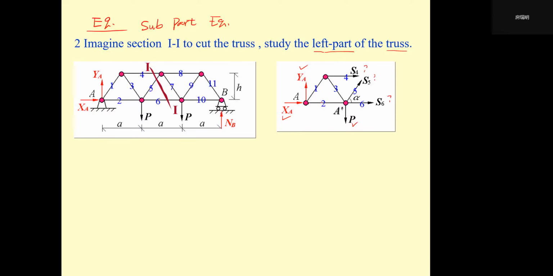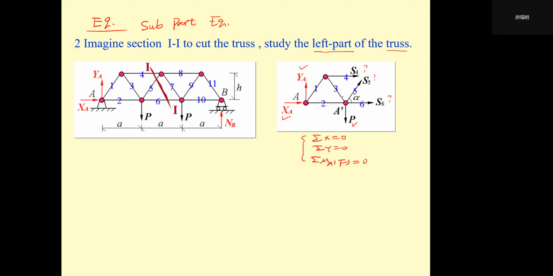So actually this is also a plane force system, so it has three equilibrium conditions: sigma x equals 0, sigma y equals 0, and sigma M at some point F equals 0. These three equations can find three unknowns. So that's what the method of imagining section is all about.